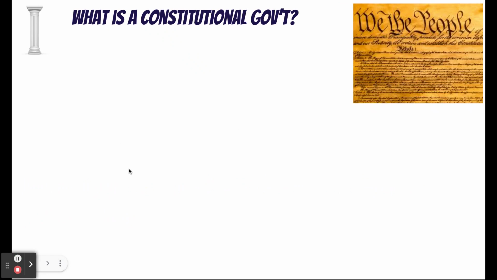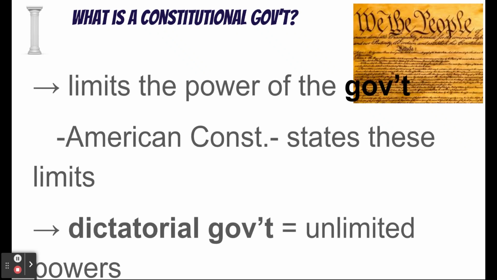On to the second question in the column: what is a constitutional government? It limits the power of the government. The American Constitution states these limits. And remember, or maybe you don't know, the colonists were under a monarchy.